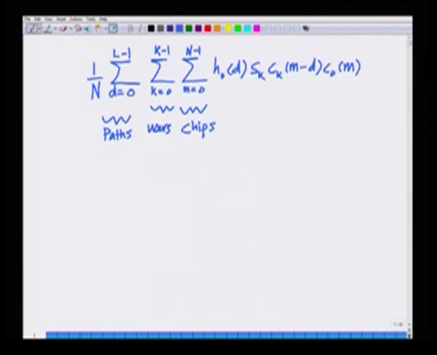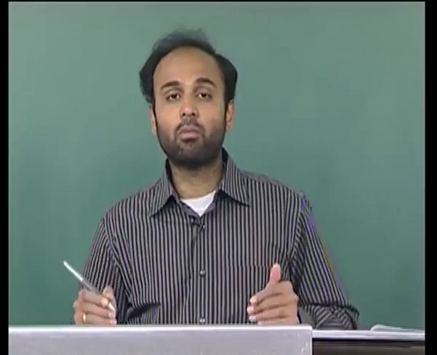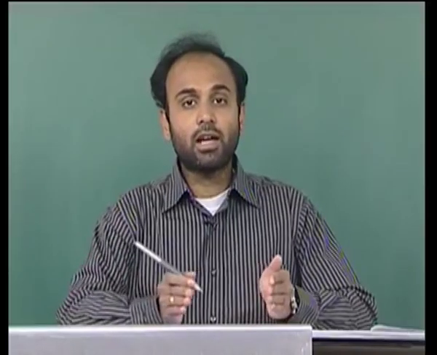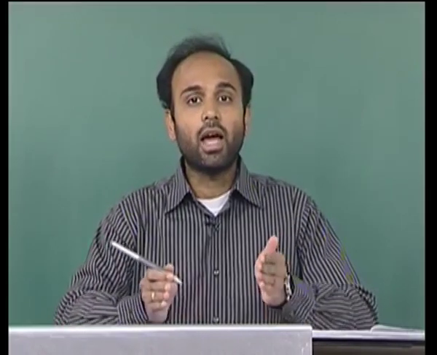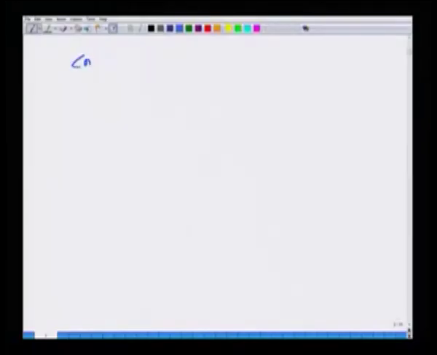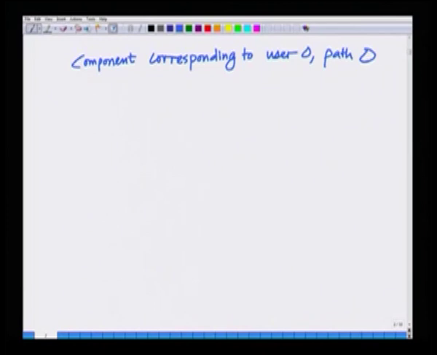Now, I will separate this, as we said, into different components. First, I am correlating with the chip sequence of user 0 corresponding to a lag of 0. So, first let me extract the component corresponding to user 0 at lag 0, that is, user 0 path 0, the first component.